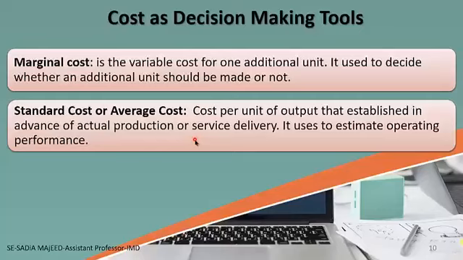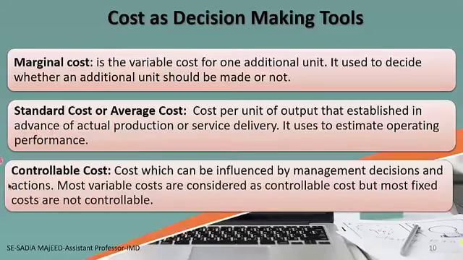By comparing these two, you can estimate the performance of your operation. For example, your actual cost is greater than the average cost you set in advance. What does it mean? It means you are not going according to your set standards. You have to control your cost.